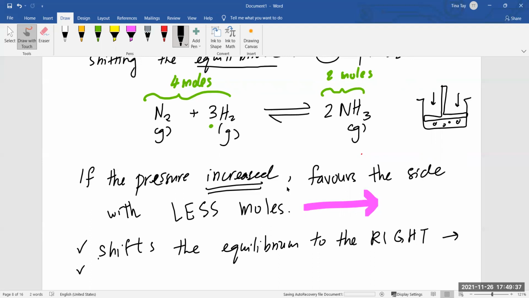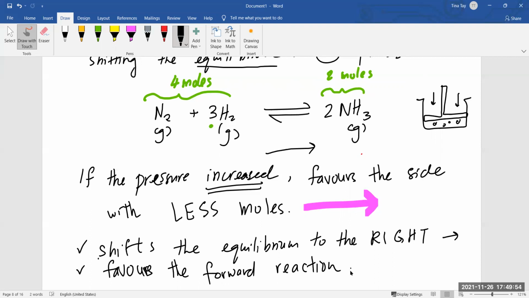Some of you right and left not very good. Or you can say it favors the forward reaction. Okay, so we can either say it shifts the equilibrium to the right, or you can say it favors the forward reaction.